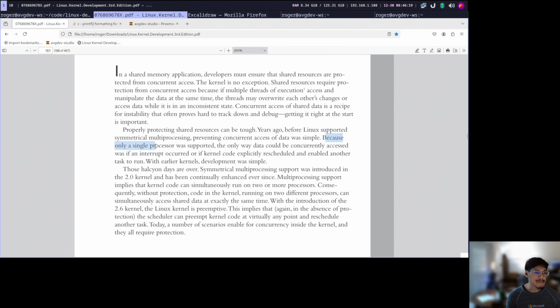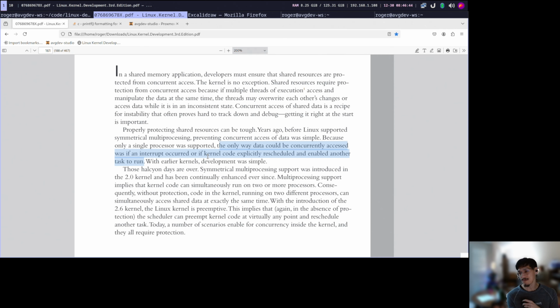Because only a single processor was supported, the only way data could be concurrently accessed was if an interrupt occurred or if kernel code explicitly rescheduled and enabled another task to run. Preemption. So your one thread is messing around with shared data, and then preemption occurs. Thread 2 comes in and messes around with that shared data.